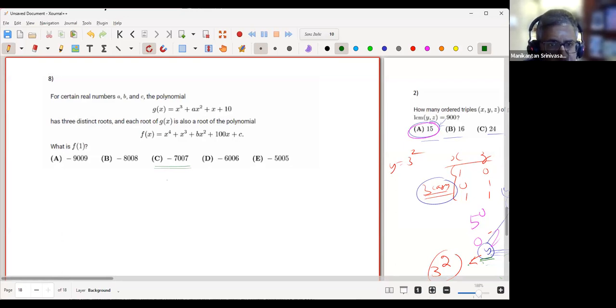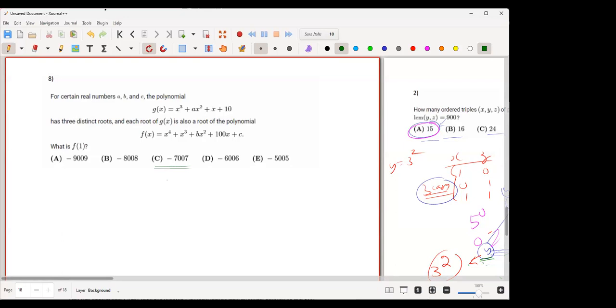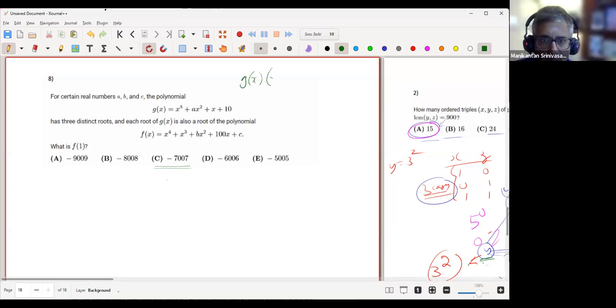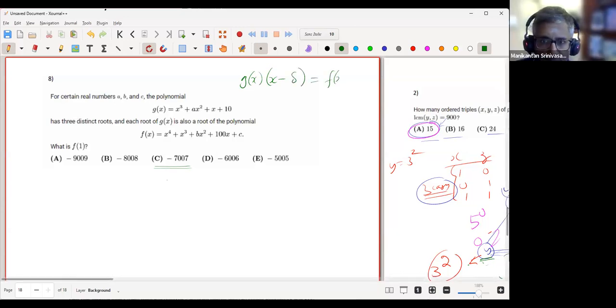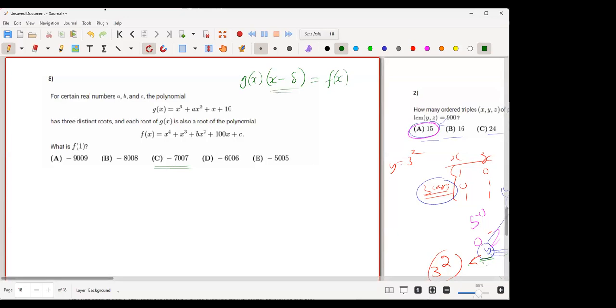And the root basically means x minus some linear thing is the root. So if g has roots alpha, beta, gamma, then x minus alpha, x minus beta, x minus gamma, and then further multiplied by x minus delta would be f of x.